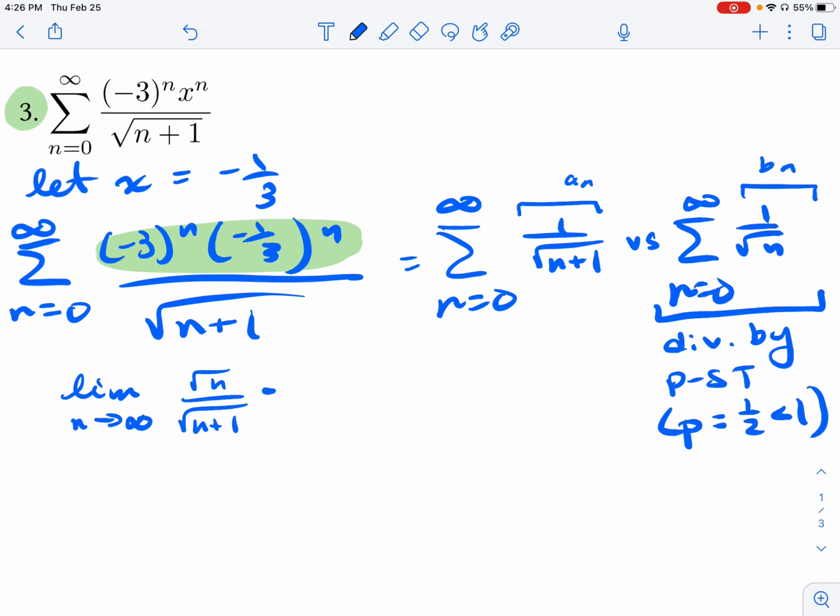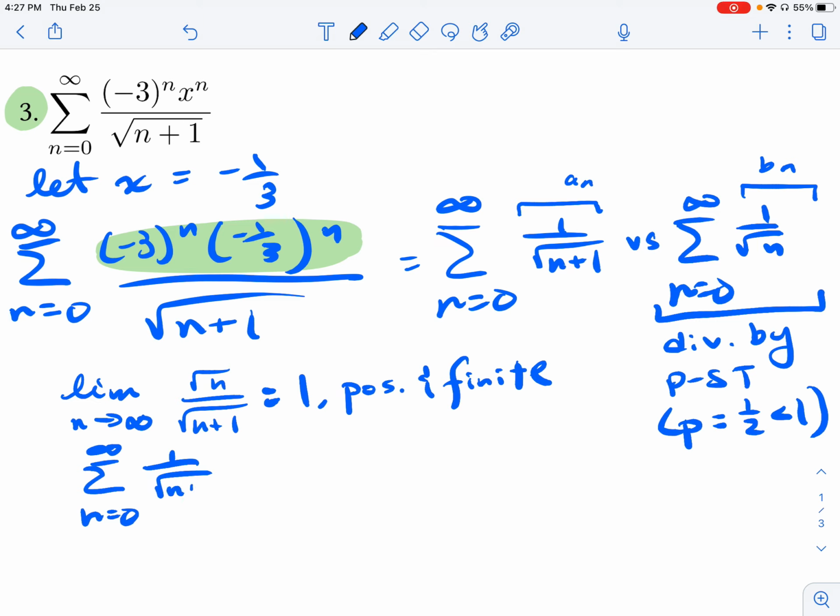Either way, the limit of this is going to be 1, which is both positive and finite. So we've established that this series here is going to do the same thing that our helper series does. It also diverges by the limit comparison test.